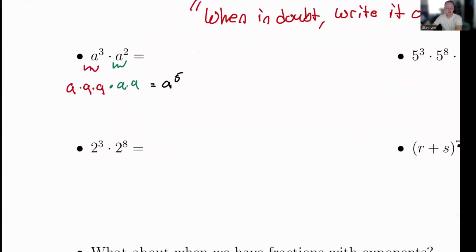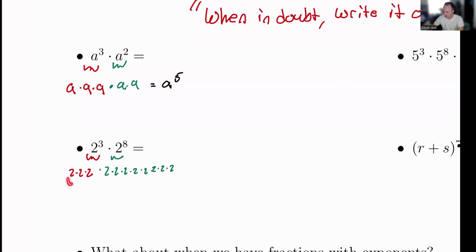If I have it as numbers as well, I can do the same thing. I have, let's go red again, 2 to the third times 2 to the eighth. So what's 2 to the third? 2 times 2 times 2. What's 2 to the eighth? That's annoying to write out, but when in doubt, write it out. 1, 2, 3, 4, 5, 6, 7, 8. Okay, well, how many twos do I have now?